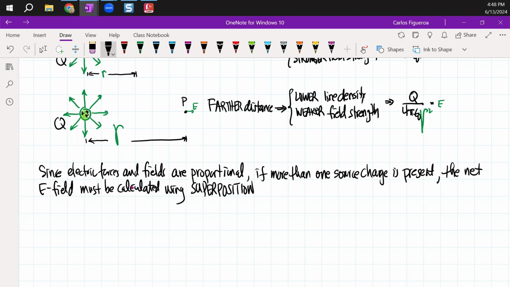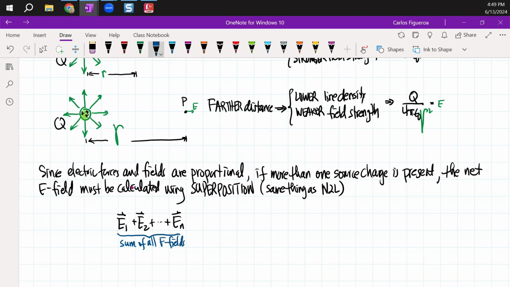And what I mean by superposition, it's the same thing as Newton's second law. So it says here that if I have multiple forces acting on it, so if I have multiple discrete charges, they don't even have to be discrete, but I've got multiple of them, then this here is the sum of all E fields, right?